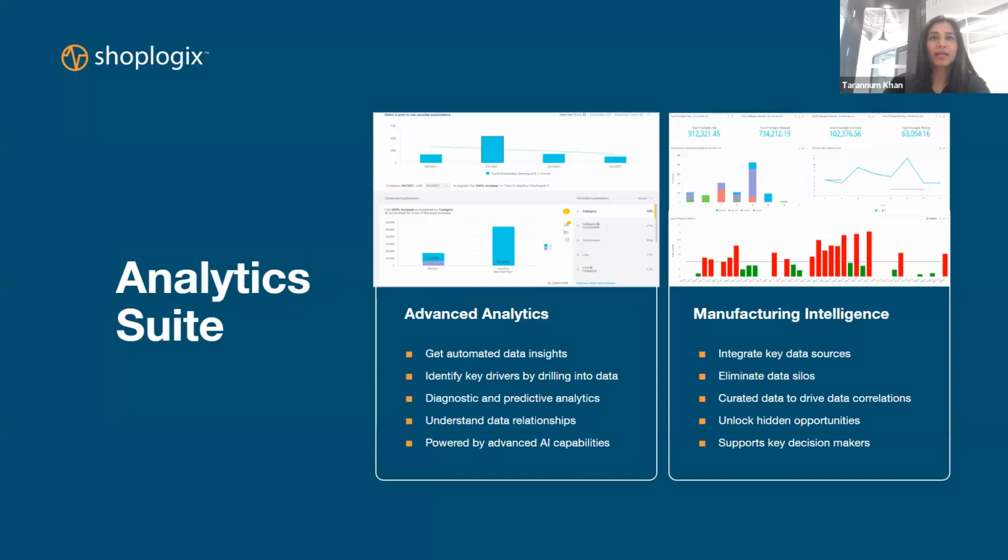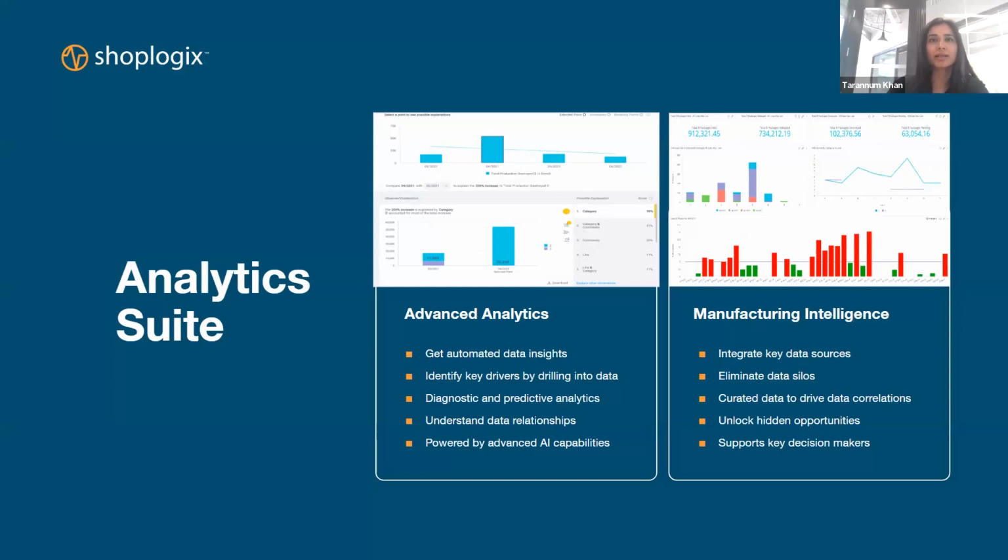Some of the highlights of the Analytics Suite. If we're talking Advanced Analytics, again, it's about those automated data insights. It's about identifying key drivers by drilling into the data that you would see in a BI type report, in a dashboard. It's really getting to that next level of the dashboard to understand the key drivers. This is also where we start to shift away from descriptive analytics, which is really just data absorption and looking at what has already happened, to more diagnostic and predictive analytics.